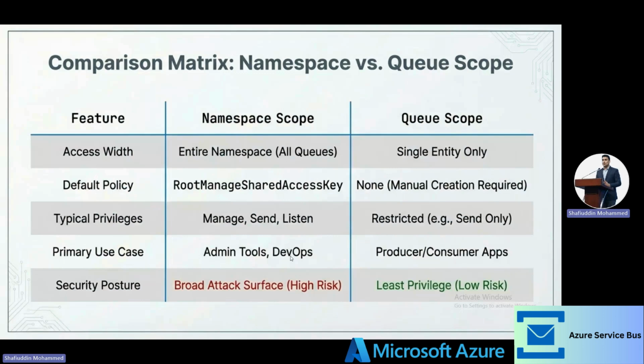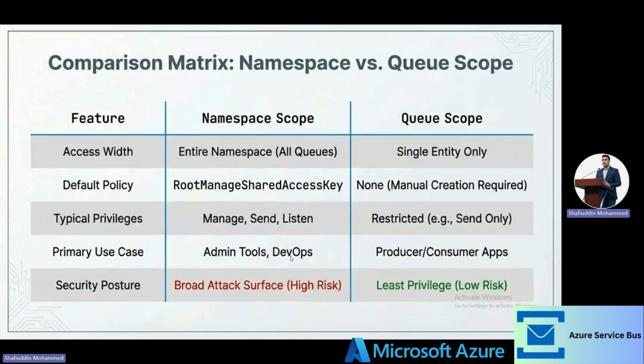For example, I have admin tools and DevOps where I need to do some configuration settings, and deployment should happen automatically within the system, taken care of in Azure Data Factory. At that point of time we'll use the namespace scope.